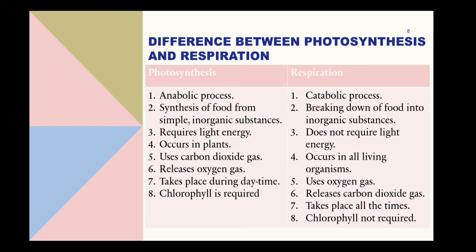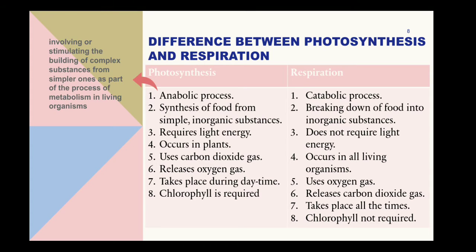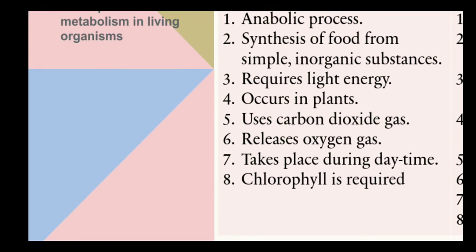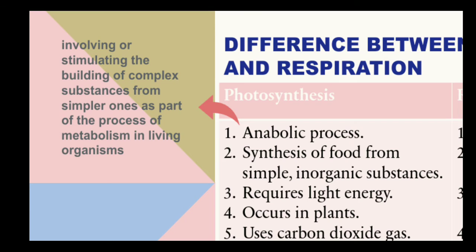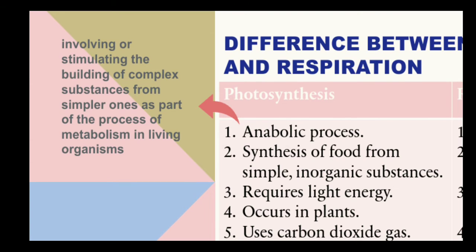Now let's look at the difference between photosynthesis and respiration. Photosynthesis is an anabolic process. Now what does this mean, anabolic? It means any reaction, any process that involves or stimulates the building of complex substances from simpler ones as a part of the process of metabolism in living organisms.